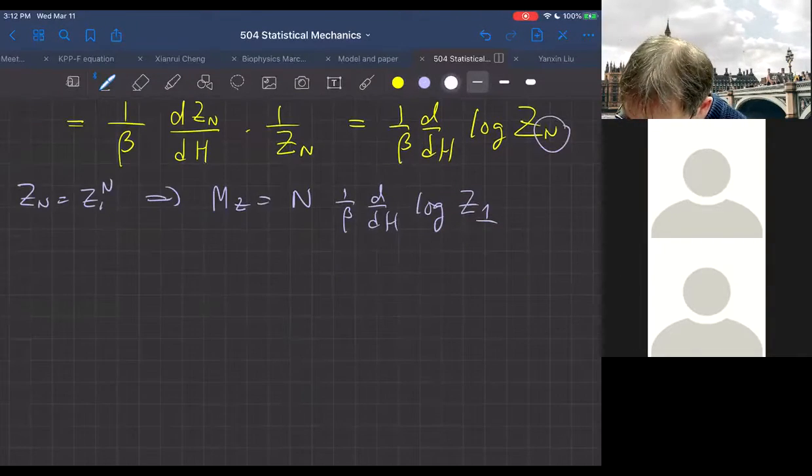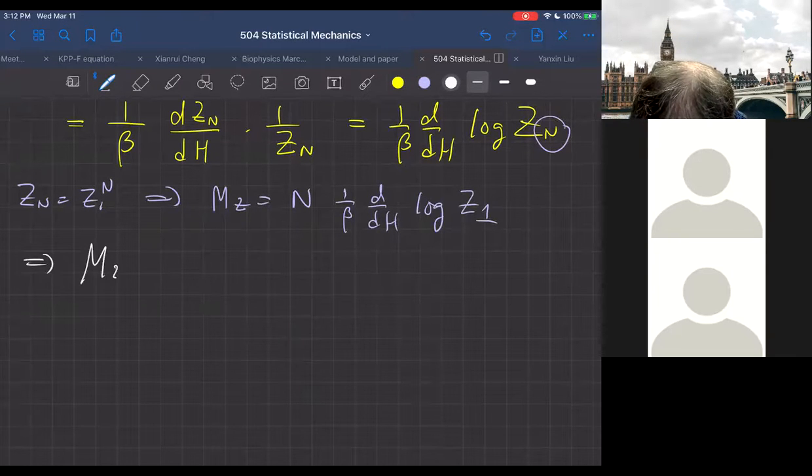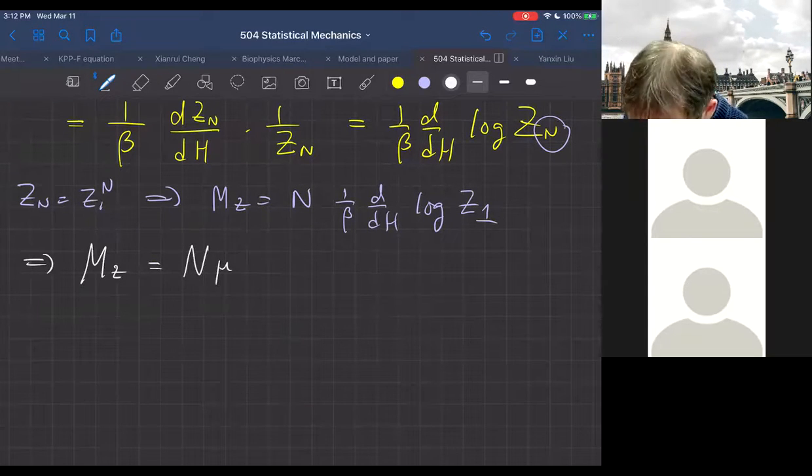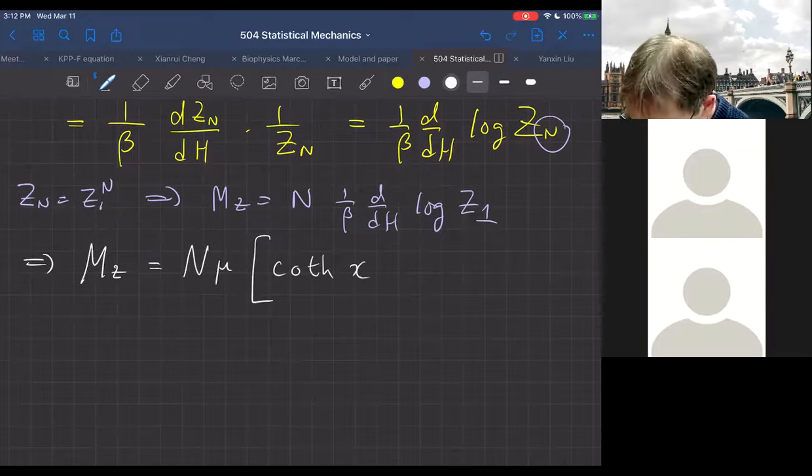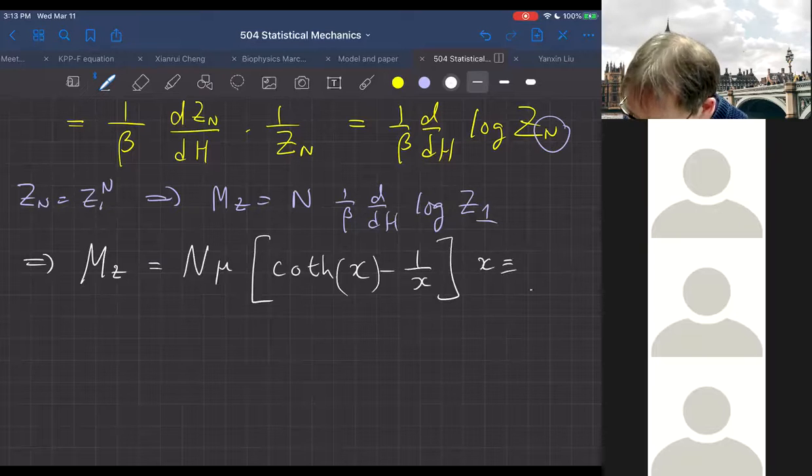And so we can do the derivative, and then what you get is that the magnetization in the Z direction is n times the magnetic moment of the spins times this function, coth of x minus 1 over x, and x is equal to beta times mu times h.